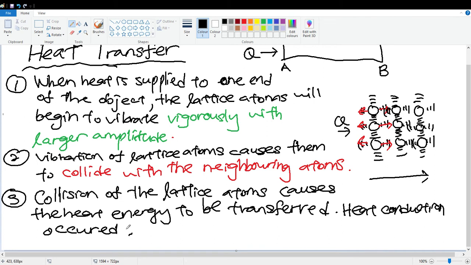So this is how we explain the mechanism of heat conduction through lattice vibration, and this is the first one.